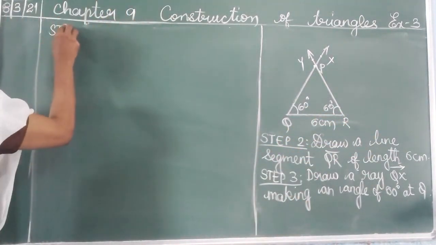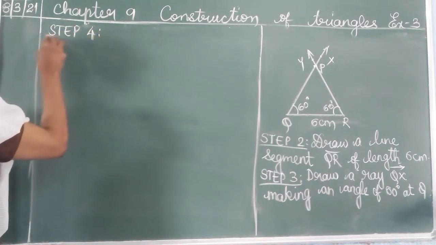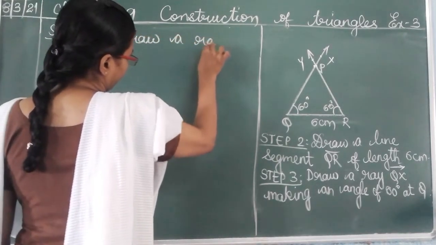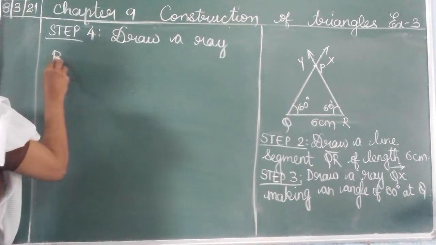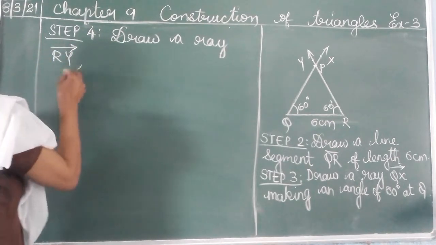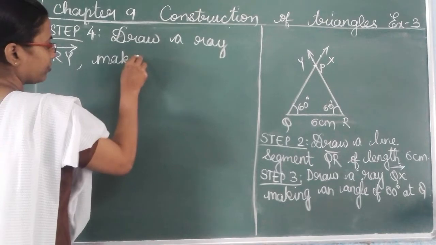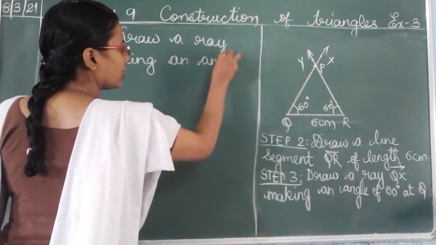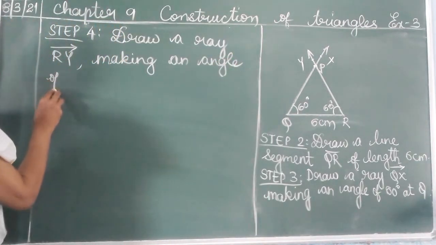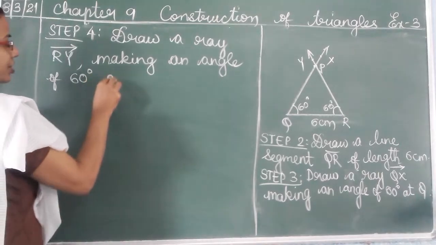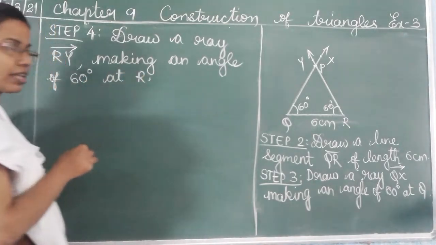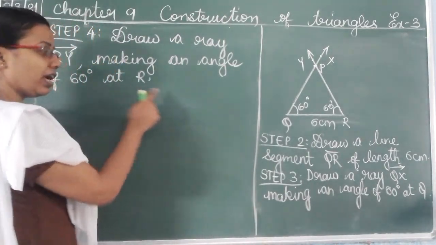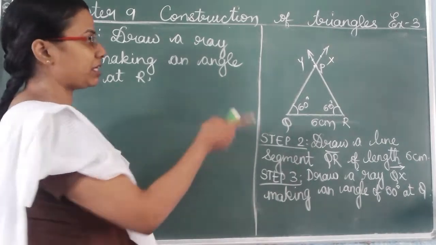So step 4 is draw a ray RY making an angle of 60 degrees at R. If you are extending the rays, then write the step: extend these rays such that they are meeting the other ray.